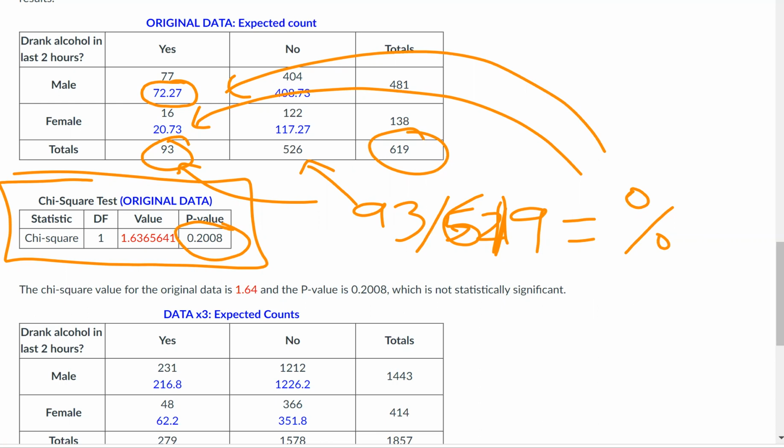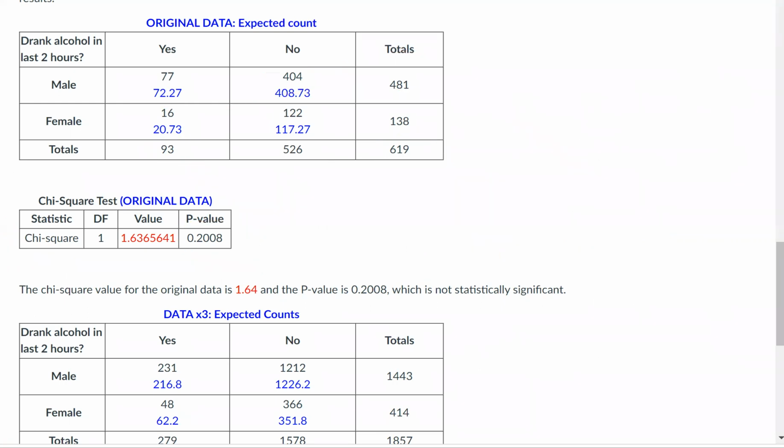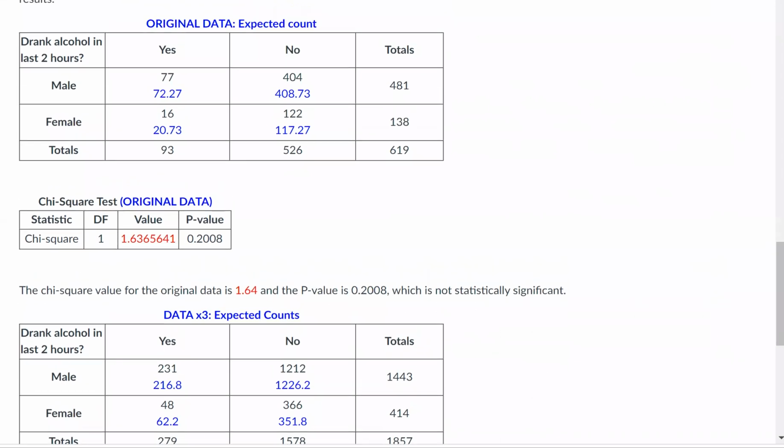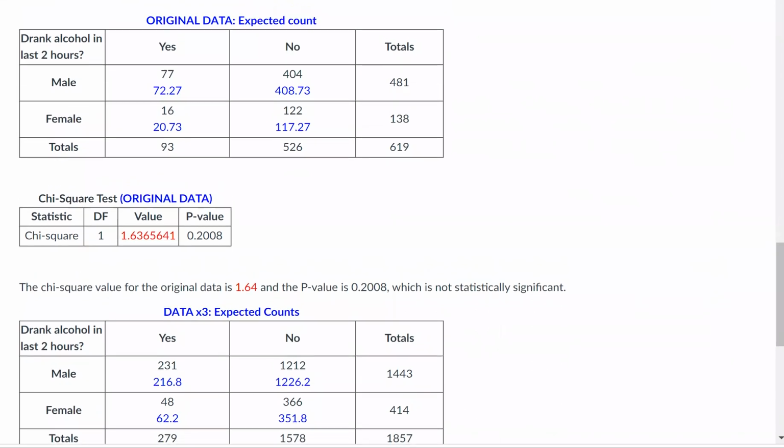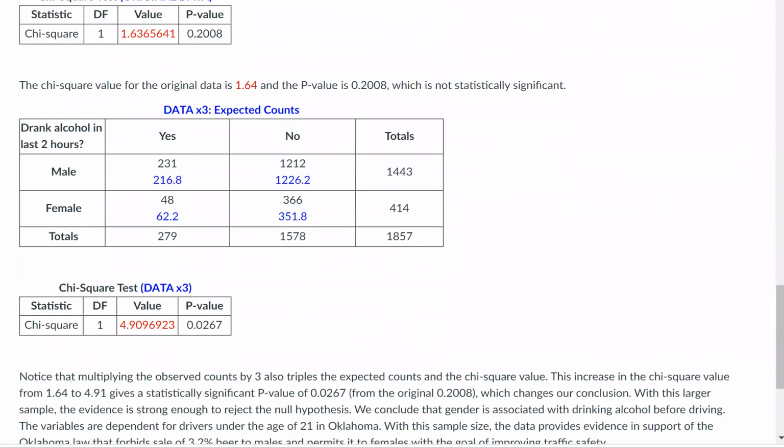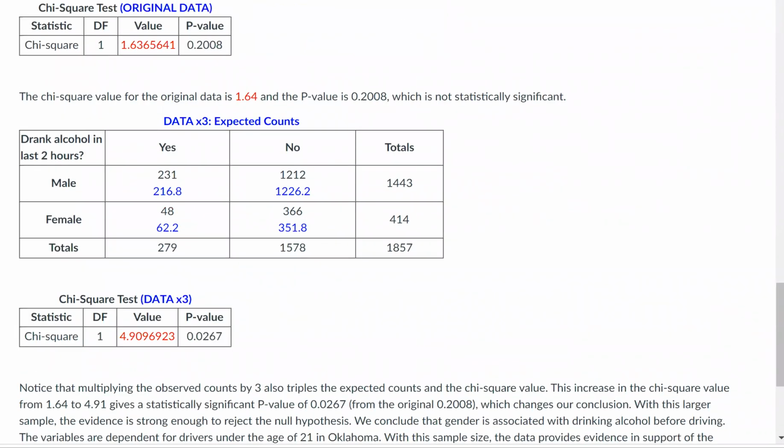So now, like we said, all the proportions and percentages are preserved, so that shouldn't change it. It's just the sample size that's changing here. Now we multiplied the data by 3, and we got quite a different p-value. The chi-square test statistic was 1.6 for the original data.